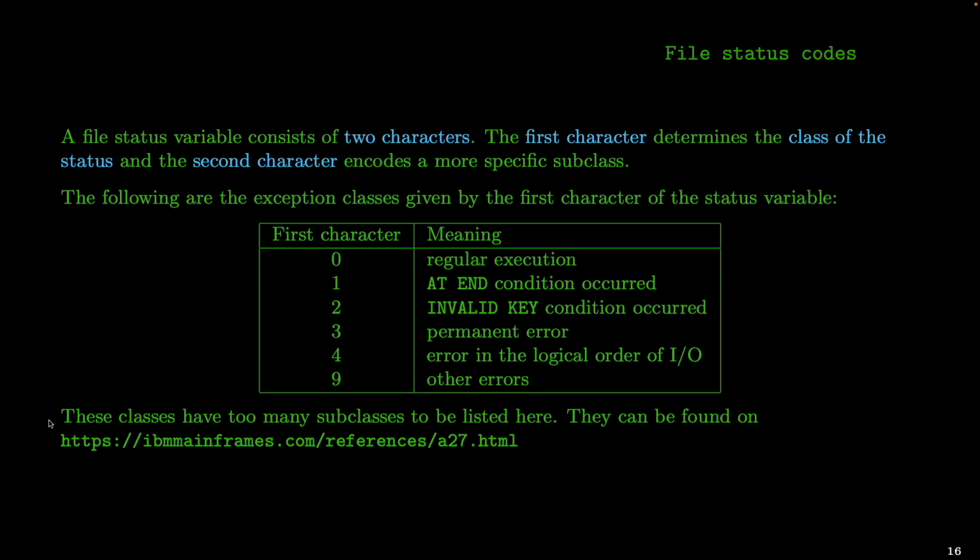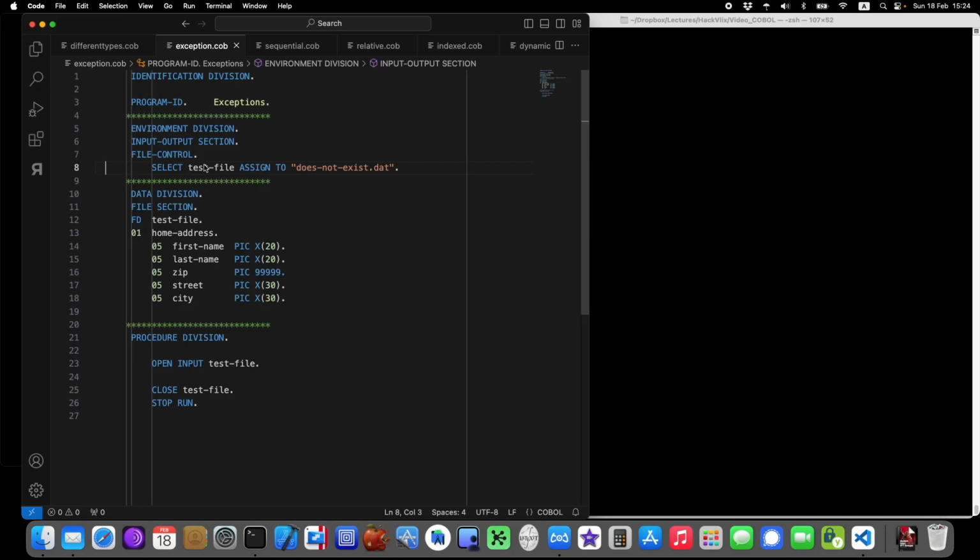Now let's look at an example for how to use these file status variables. So you see here I have a program with an internal file assigned to a system file, and as the name here strongly suggests, this file does not actually exist, so I will cause an error of trying to open a file that doesn't exist, and then see how I can use the file status to handle that.